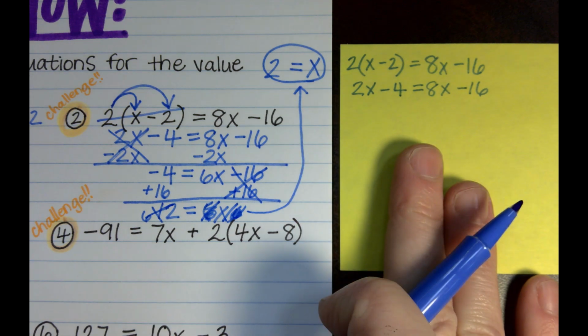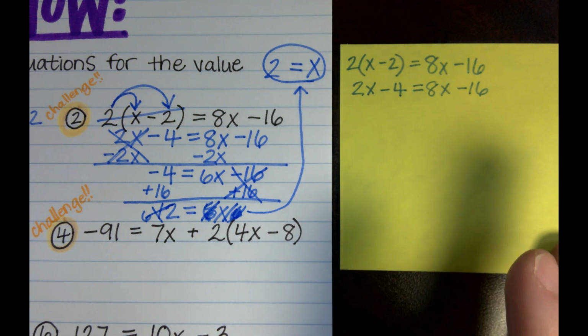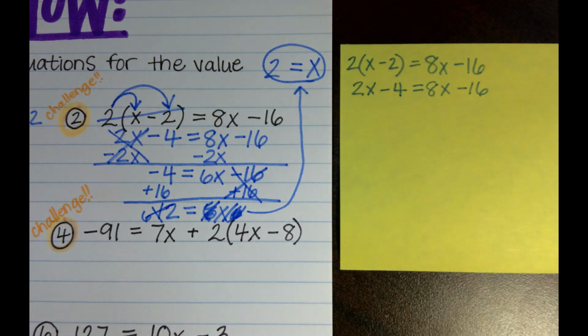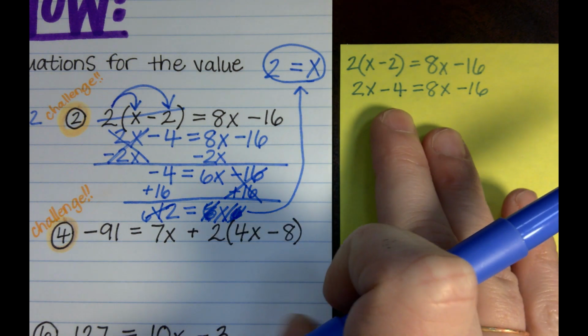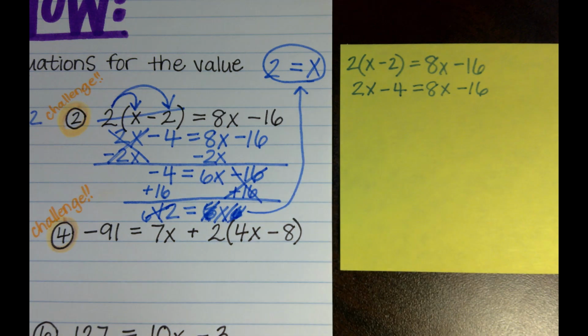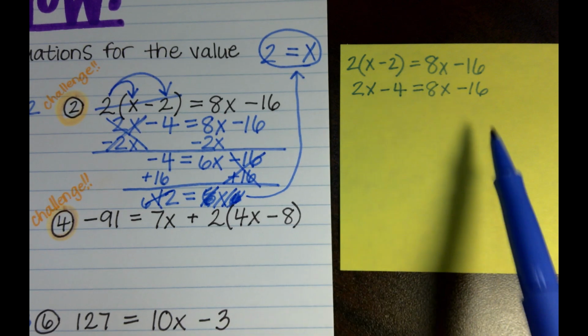Here is where you can do things in a different order, as long as you're doing addition and subtraction. You want to do any addition or subtraction first whenever we're solving equations.